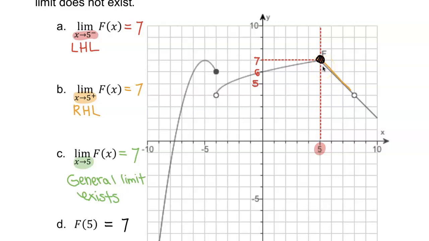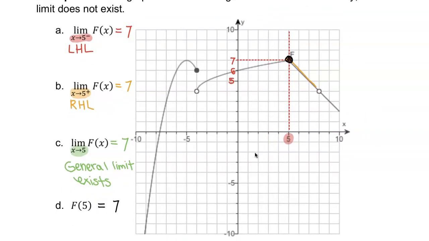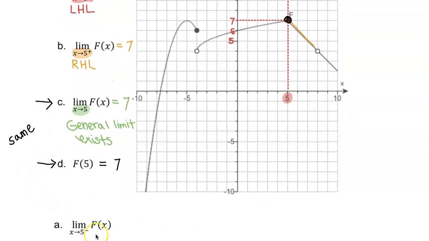The topic I'm about to talk about is actually for next week, but we will compare the general limit to the function value. If the limit and the function value are the same, then the function is continuous at that point.